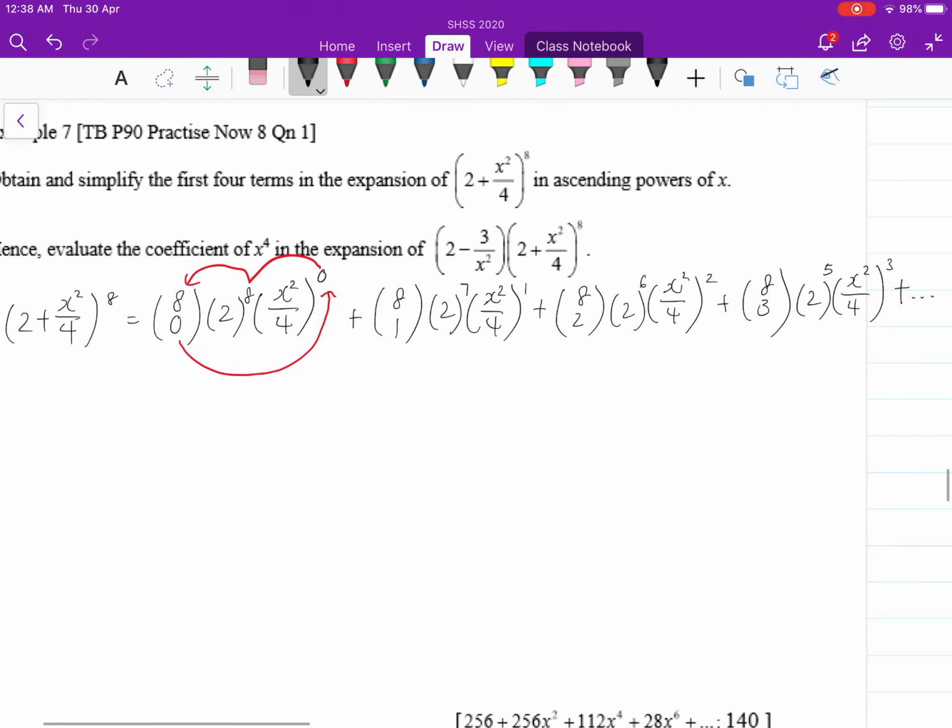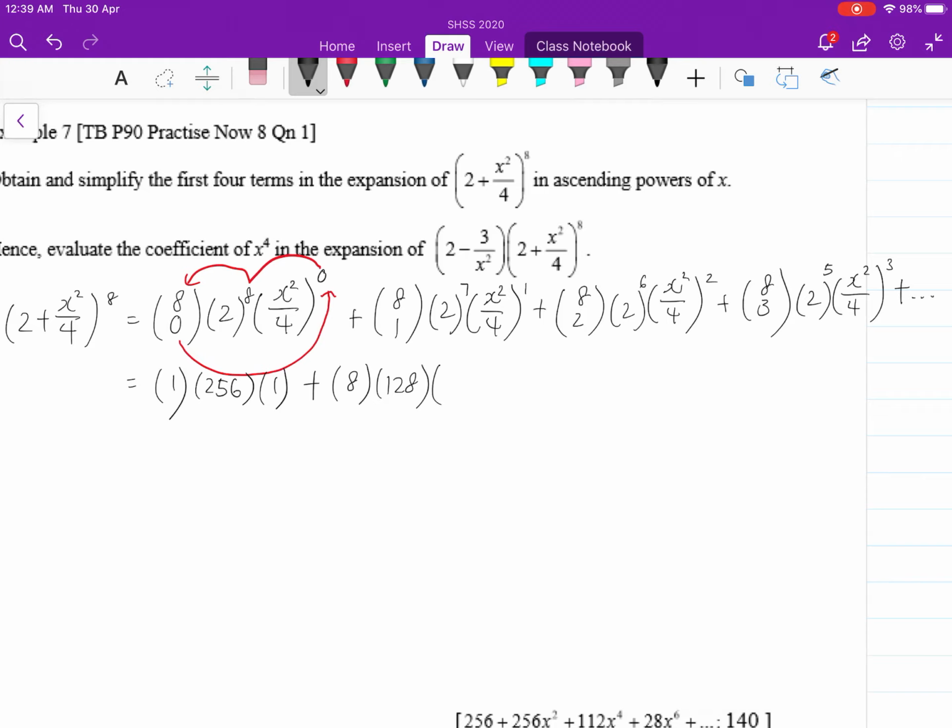Let's work out the four terms. 8C0, if you press your calculator, is 1. 2 to the power of 8 is 256. Anything to the power of 0 will give you 1. Plus, press your calculator, 8C1, you will get 8. 2 to the power of 7 is 128.